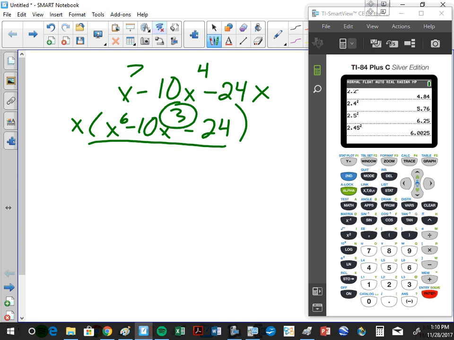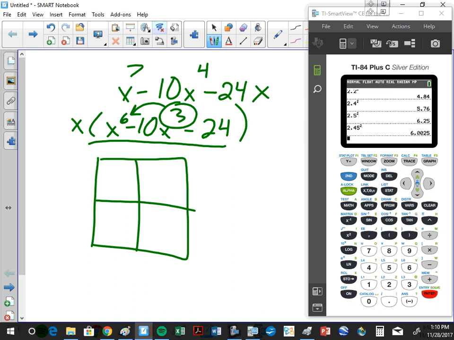When this is half as big as that, you can use the box. Draw the box. X to the 6th and negative 24. Negative 24x to the 6th. Negative 6 and negative 4 don't work.